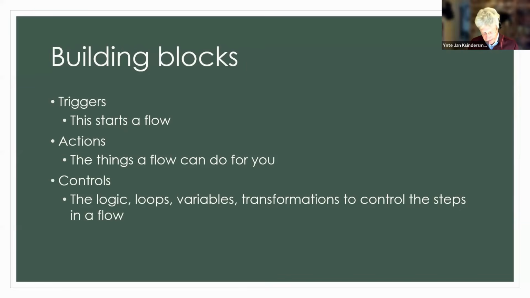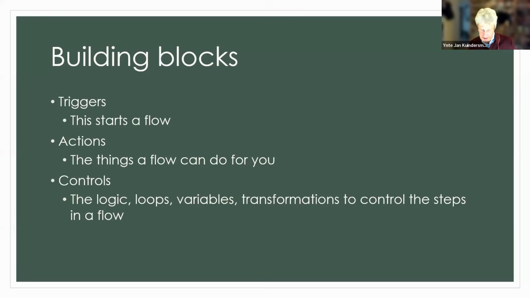A few things before I'll actually demo. You need to know a few concepts. First of all, you have triggers. Triggers will be the things that start a flow. So every flow has one trigger. Then you can have a lot of actions following this trigger. So you might say, I want to send emails, I want to get meeting time slots in my agenda, I want to post something in a team channel or whatever. That would be called an action.